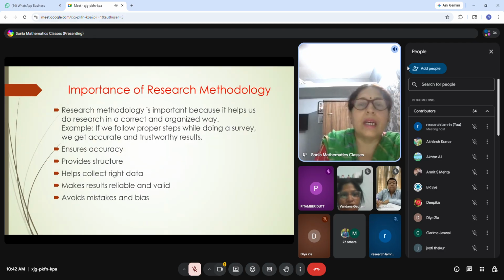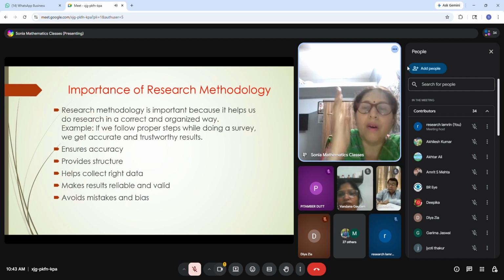And importance क्या है research methodology की? It helps us to do research in a correct and organized way. If we do our research in an organized way, then definitely we will find our results easily, and good, reliable results.